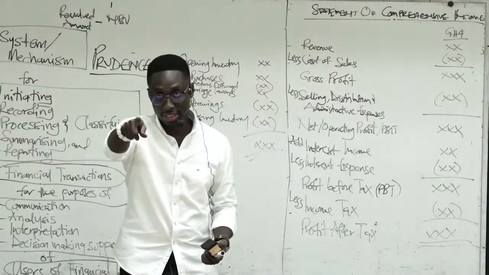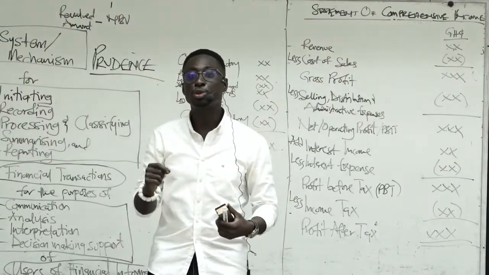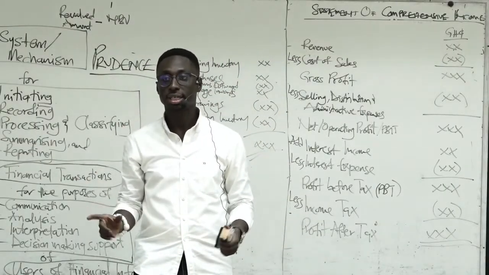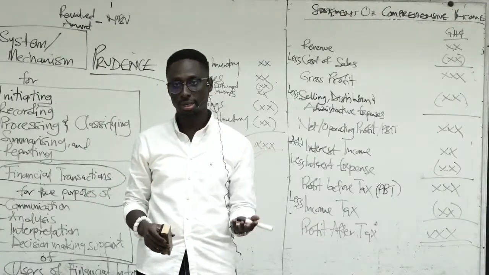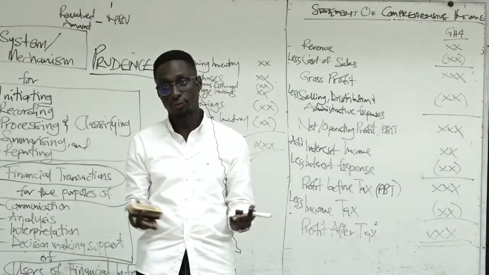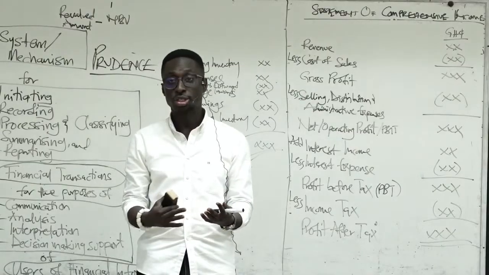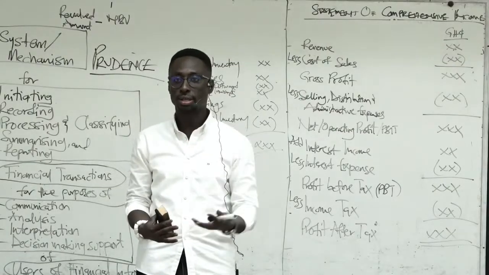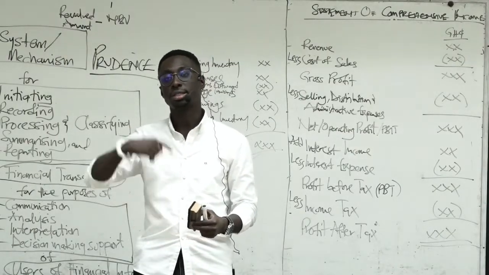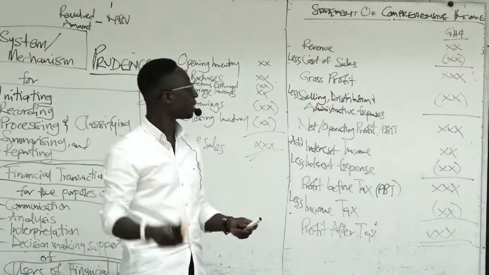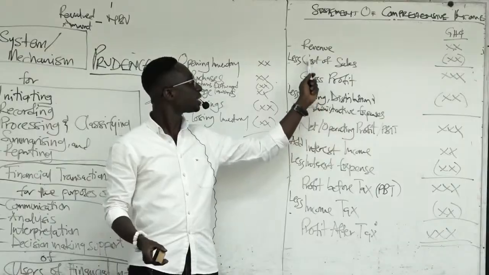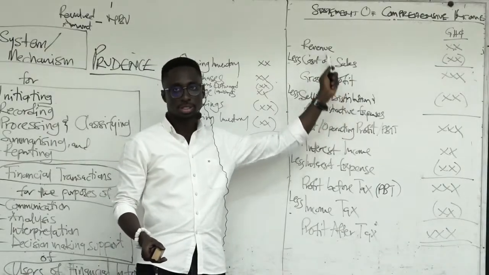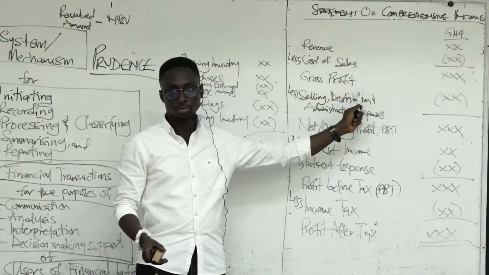Okay, let me take it again. So for you to know what profit is, necessarily there has to be the presence of both income and expenses for the period. So when you take out your expenses from your incomes, that's how you get profit. And so look here. You realize that for us to get gross profit, we had to take out cost of sales, which is an expense, from revenue, to get this profit.